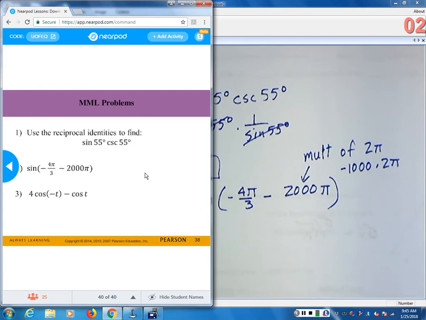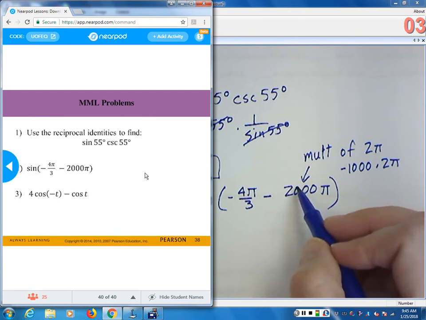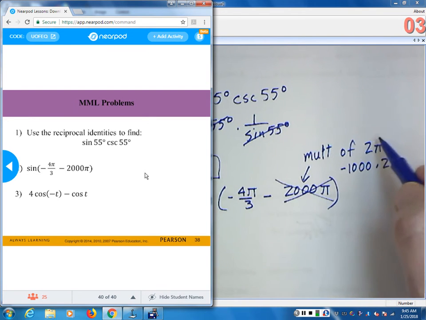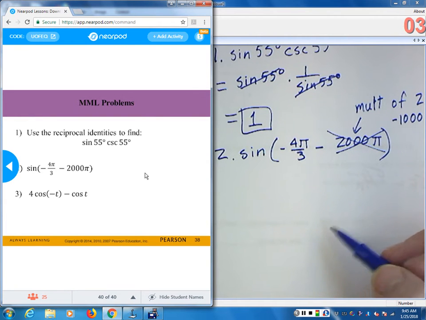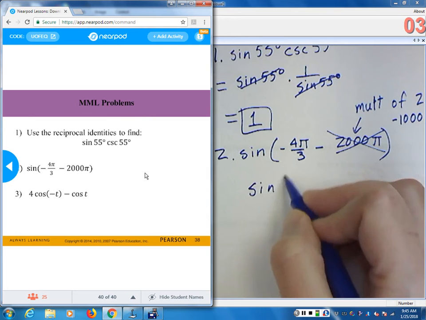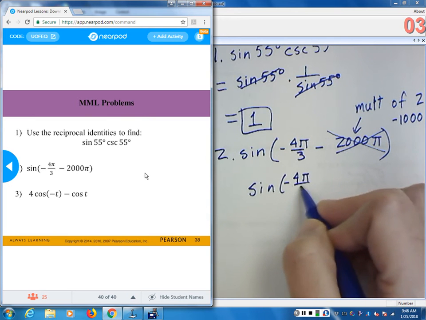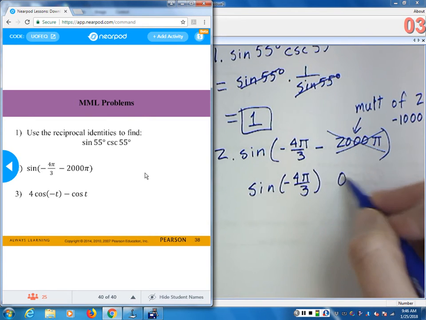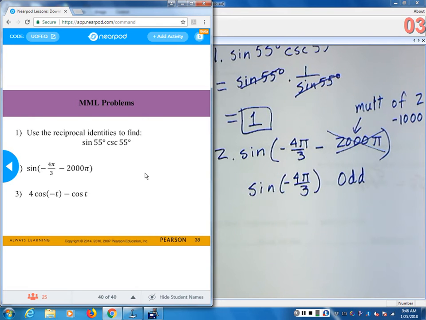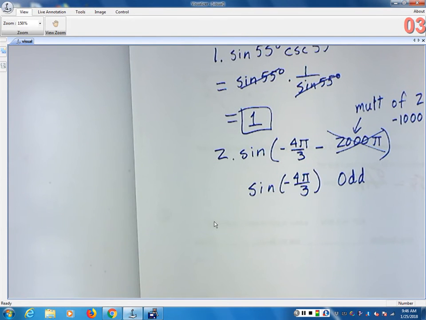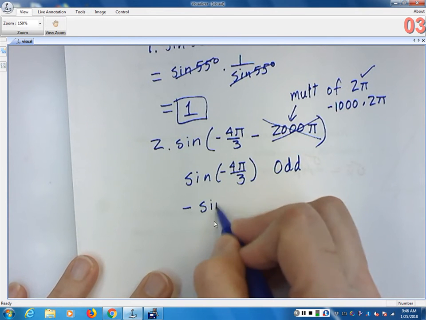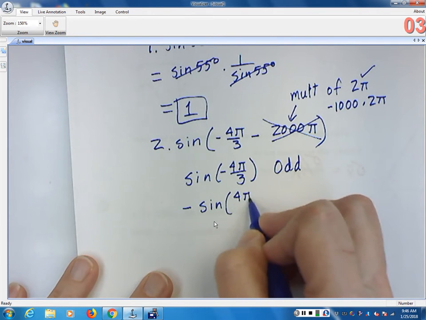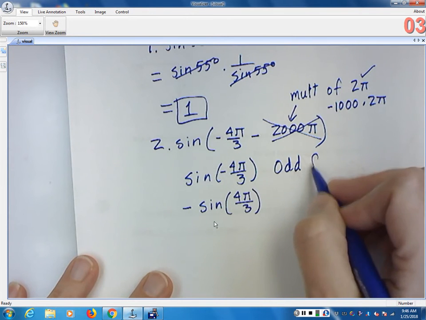It doesn't matter, this cancels out because it's a multiple of 2 pi. Now we just have sine of minus 4 pi over 3. Sine is an odd function, so sine of a negative is the opposite of sine of a positive angle.